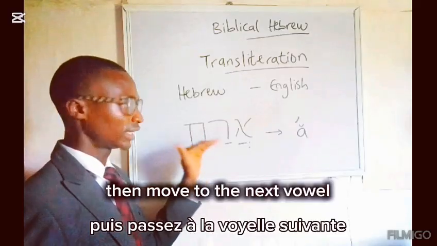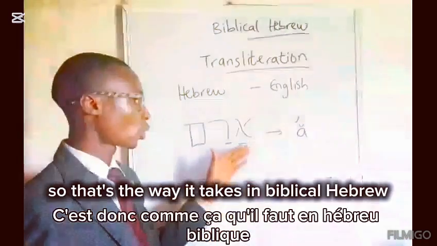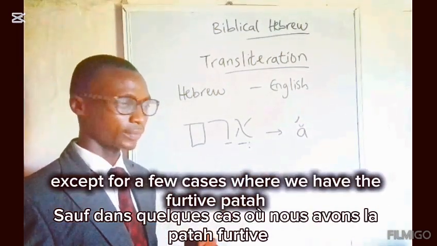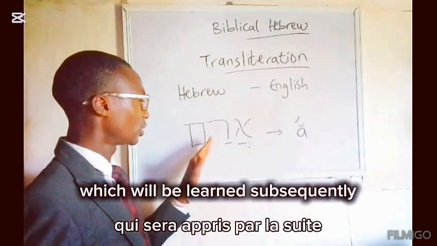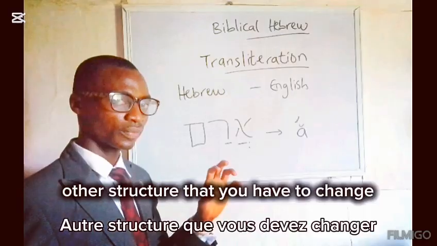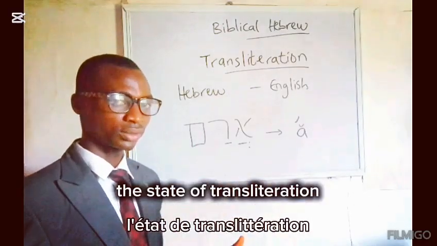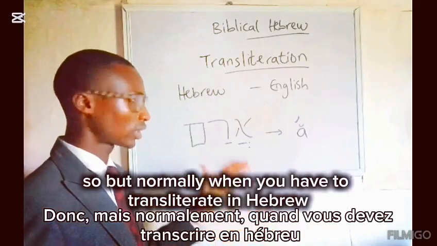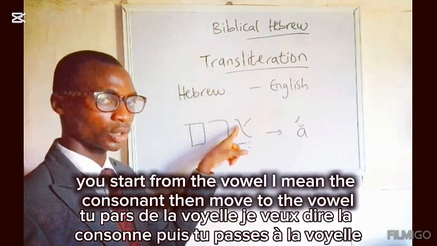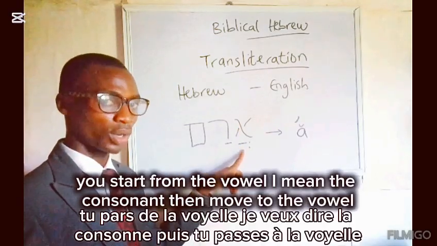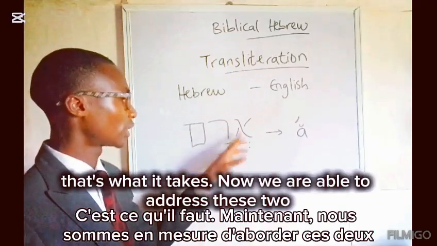That's the way it goes in biblical Hebrew, except for a few cases where we have special patterns, which will come subsequently. But normally, when you have to transliterate in Hebrew, you start from the consonant, then the vowel, then another consonant, then the vowel. That's what it takes. So now we are able to address these two.